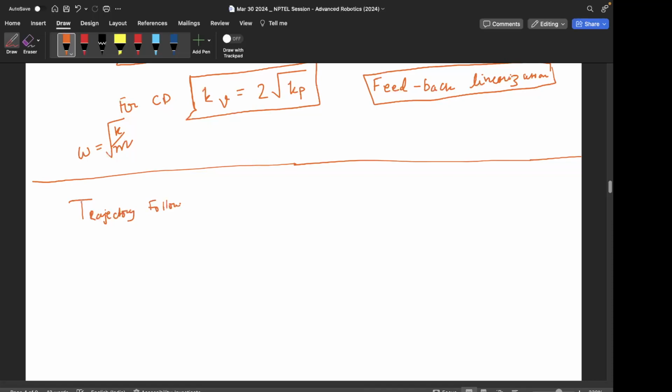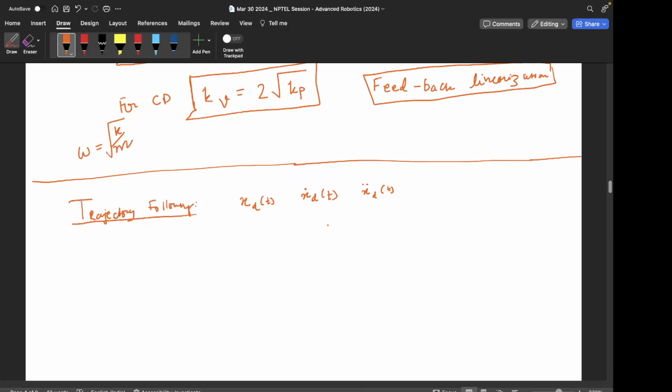Trajectory following. So as I mentioned, in this case we have a trajectory which is known, let's say a priori. If we know the trajectory, that means that we know the position, the velocity, and the acceleration at each point of time, right?